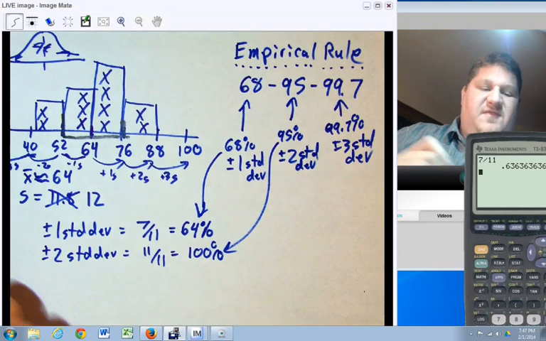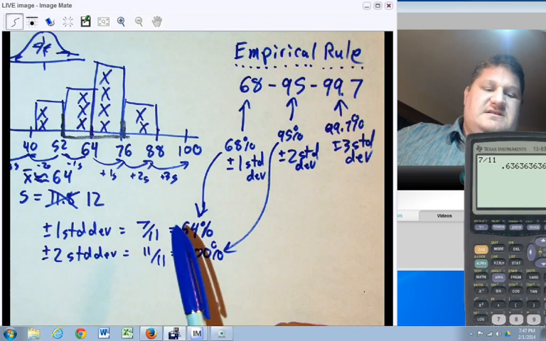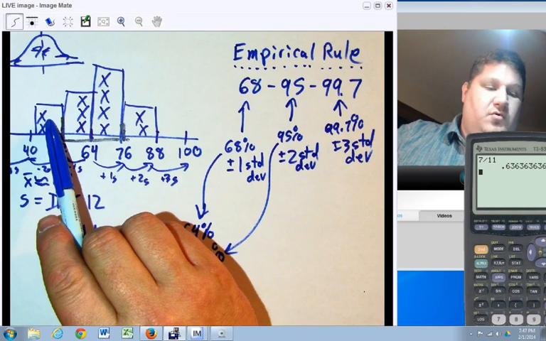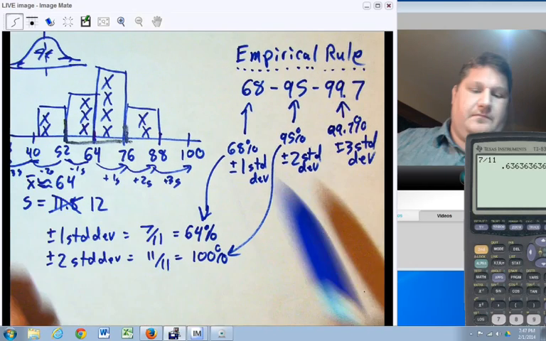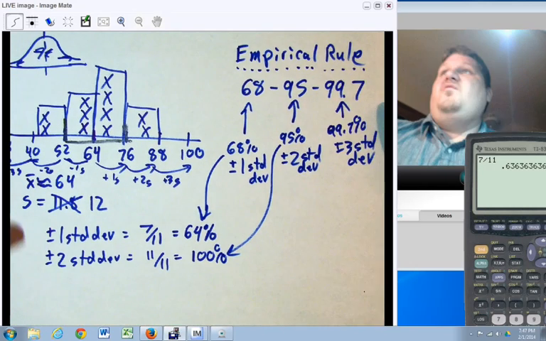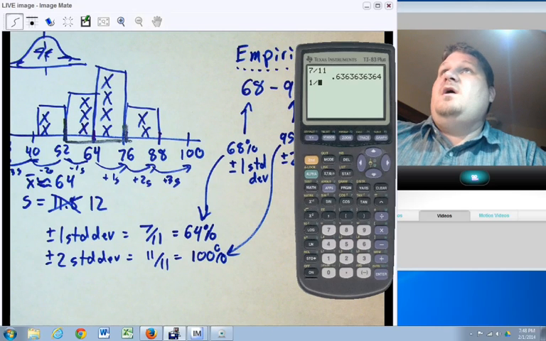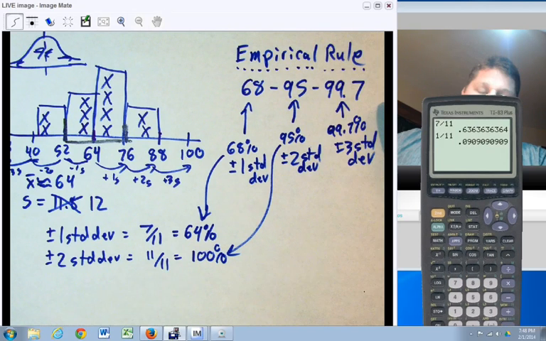But think about it. Let's assume one of these numbers, instead of being 42, was 39. If we move one piece of that data, that is 1/11, 1 divided by 11, each one of our pieces of data is worth 9%.